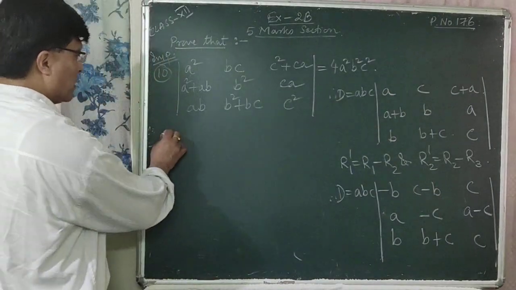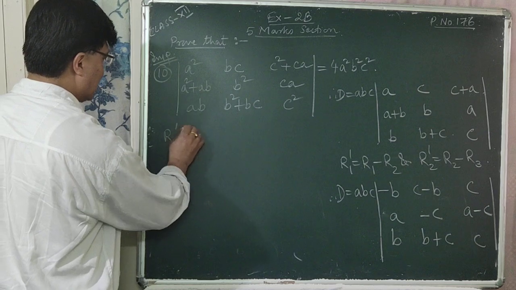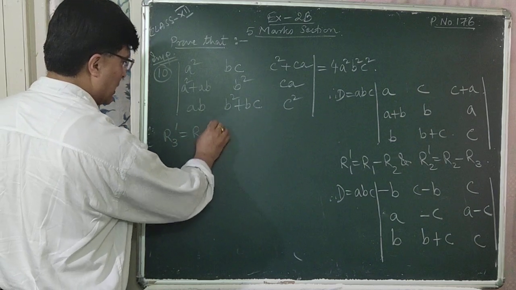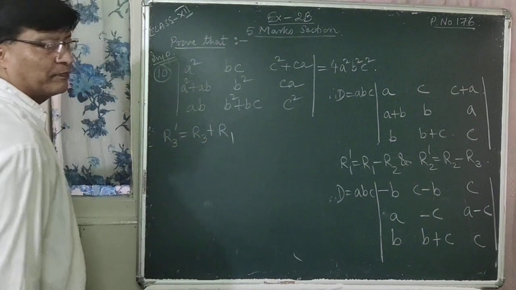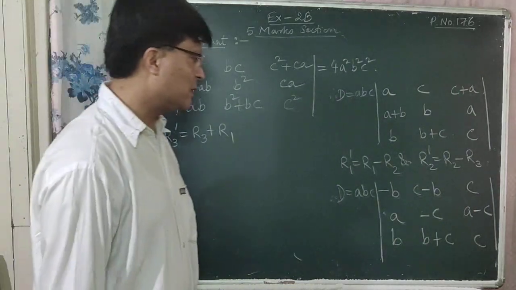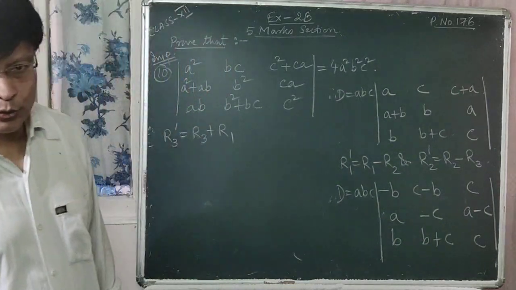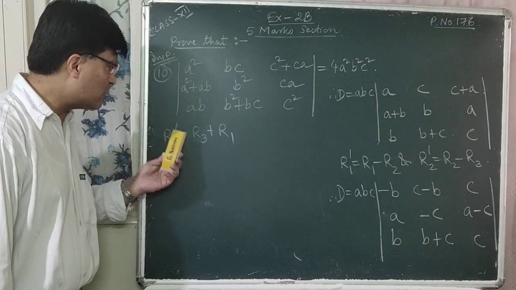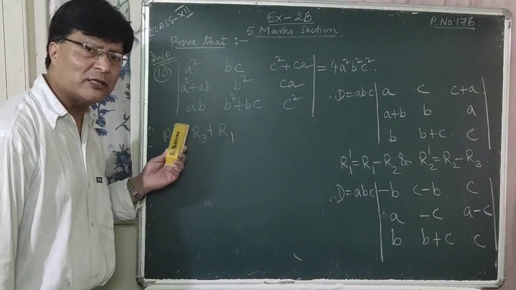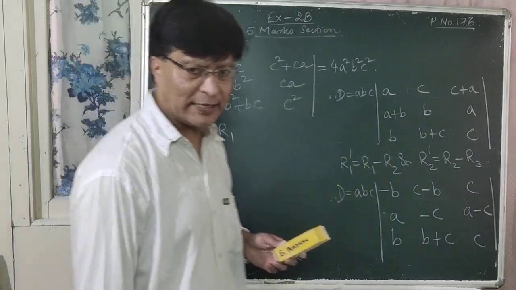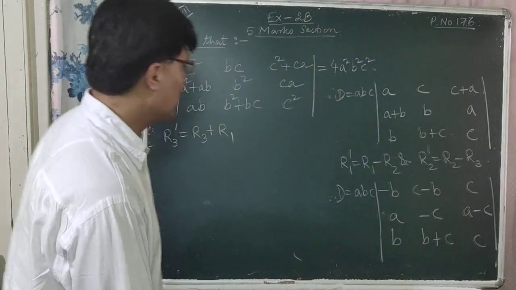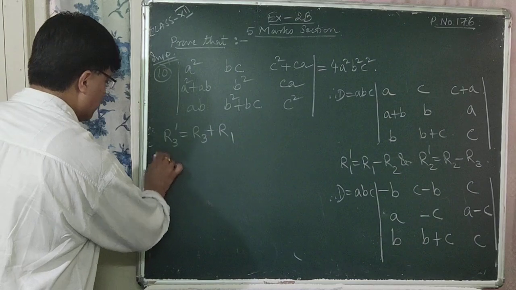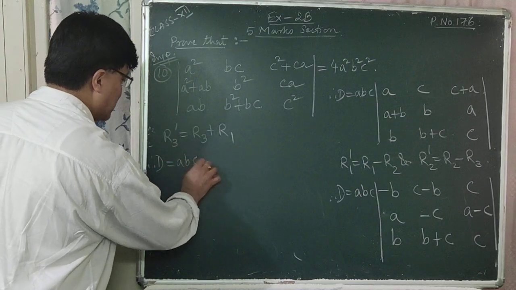So now we are doing R3 dash is equal to R3 plus R1. Let us change this third row. So how does it change? R3 dash is equal to R3 plus R1. That means row 3 is changing. Is it clear now? So therefore D is equal to, this is your ABC, right?